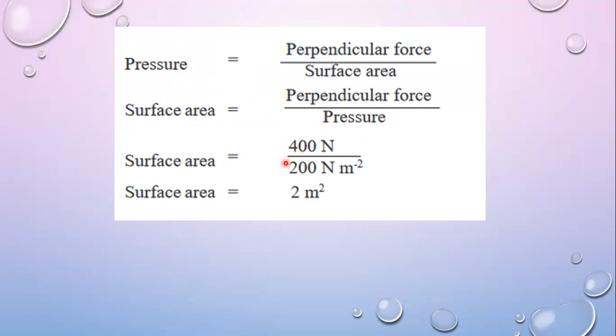Perpendicular force is 400 Newton. Pressure equals 200 Newton per square meter. 400 divided by 200 is 2. Surface area is 2 square meters.